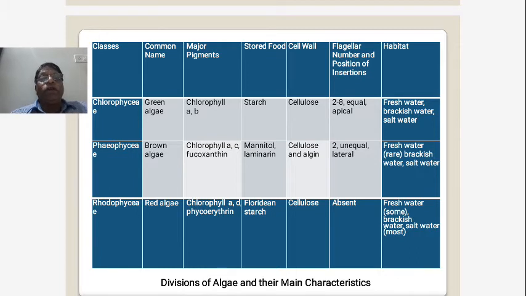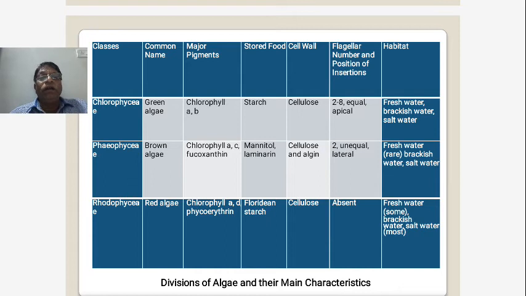Now the first column, it shows different classes of algae. See the table now. The first class is the class Chlorophyceae. And the second is the class Phaeophyceae. And the third one is class Rhodophyceae. Okay.